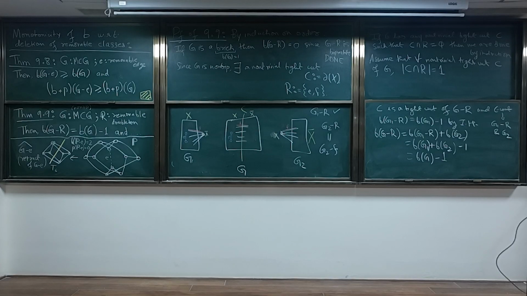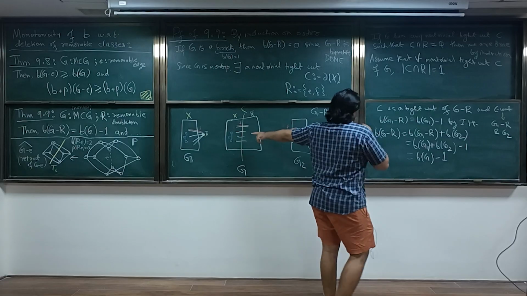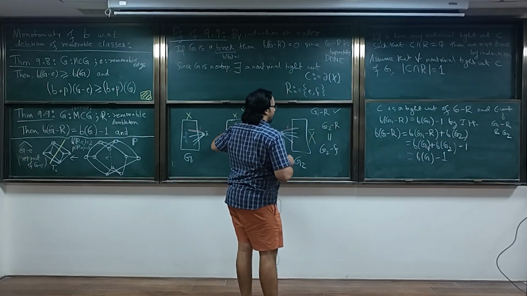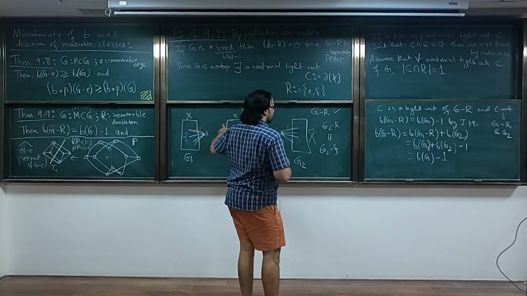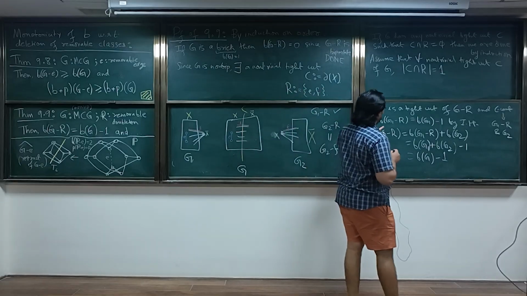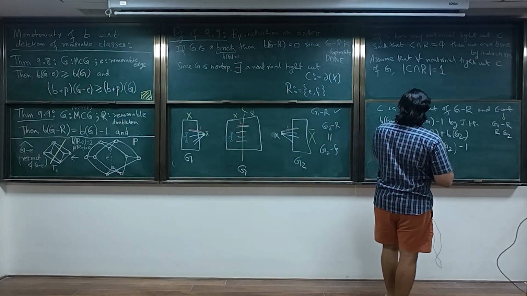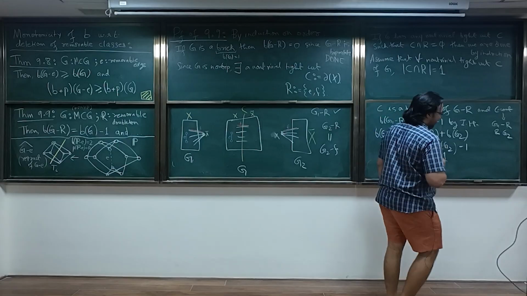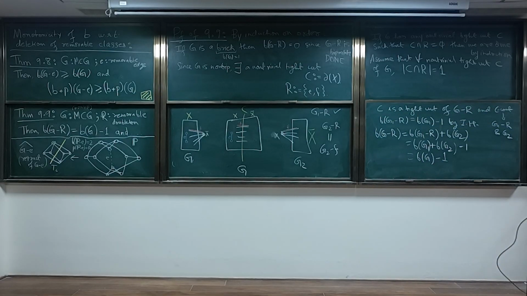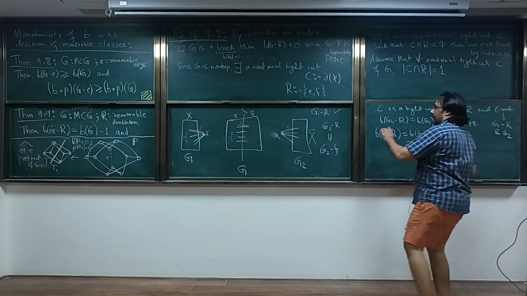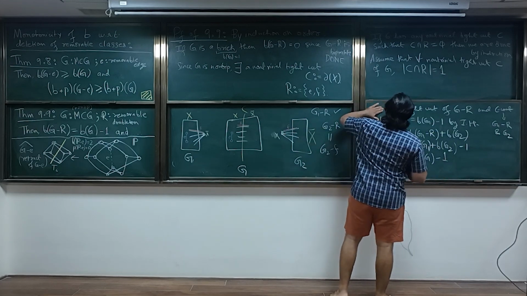Right, so the idea is to try something very similar. Oh, I see. So that was for the case when both edges are on one side. Now we are in this case.